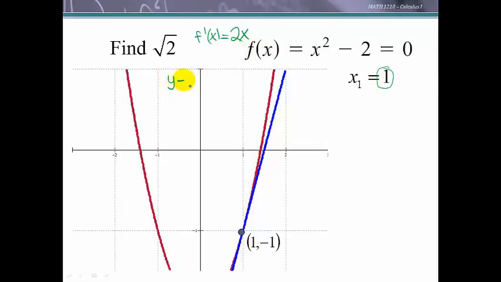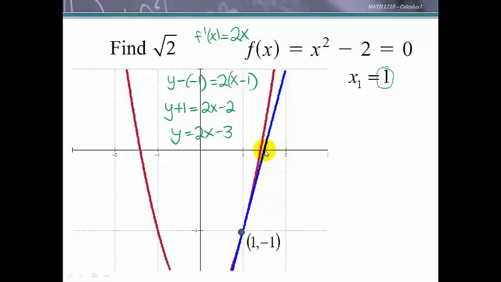So we'd have y minus the y from the point, which is negative 1, equals the slope, which is 2 when we put a 1 in here, times x minus the x from the point. So this is y plus 1 equals 2x minus 2. So we just found the equation of the tangent to the curve at this point. What we now want to do is follow this tangent down until we find this point of intersection.